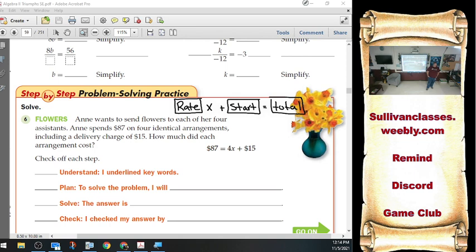Like, you got to pay this, no matter what. You don't just say 87 because it's the first number we see. Read again. You spend 15 just to send stuff. Whether you're sending 1 or 30, $15 you got to spend for the delivery charge. So you start with 15.